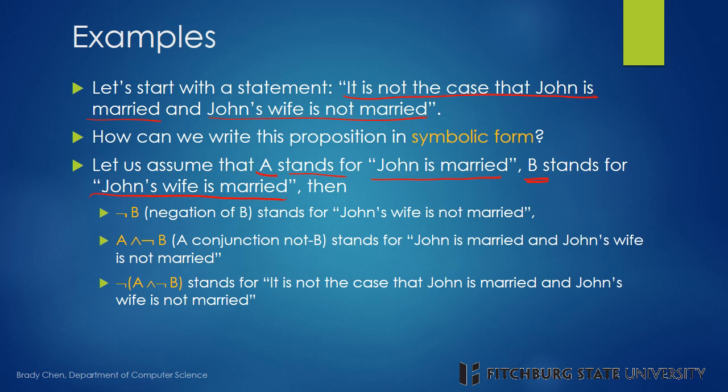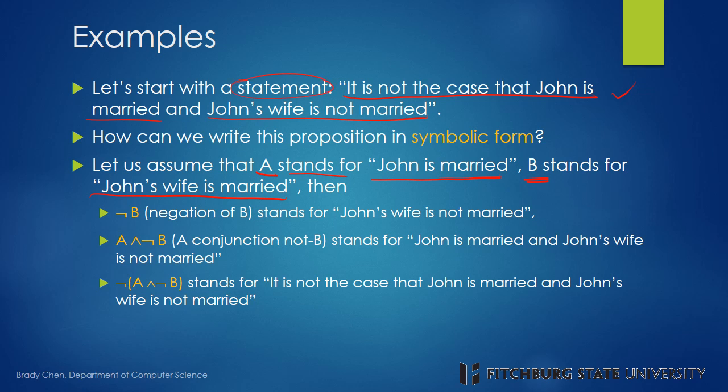These are simpler statements. It looks like if you compare, these are actually simpler ones, but somehow they are related. So A and B are the building blocks for this more complicated statement. Now with A and B, how can I build this statement?